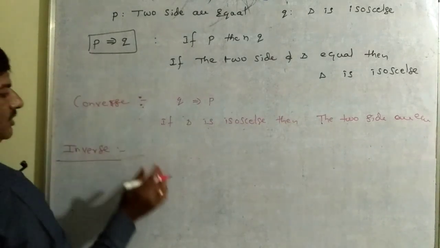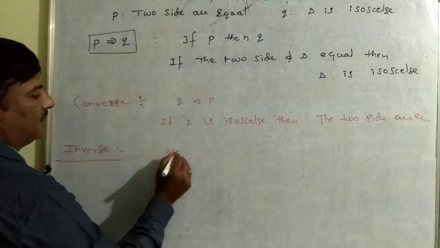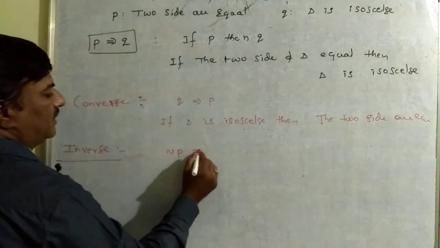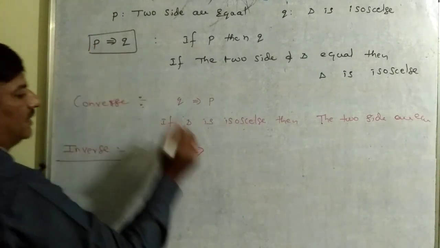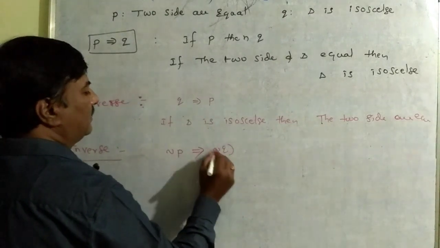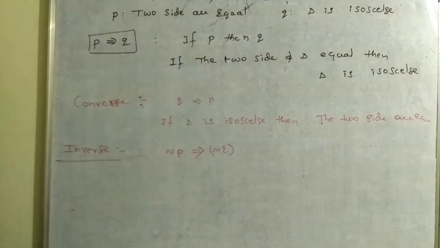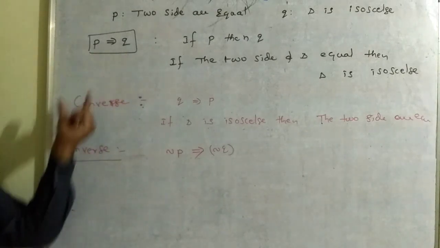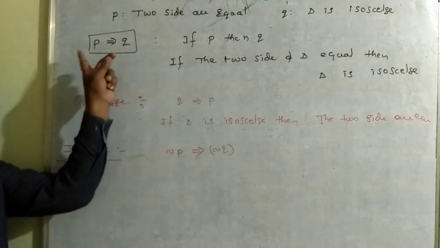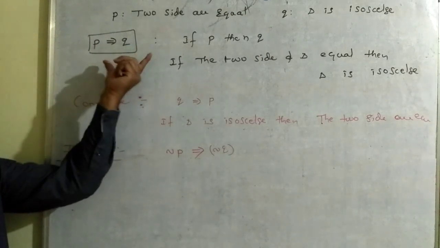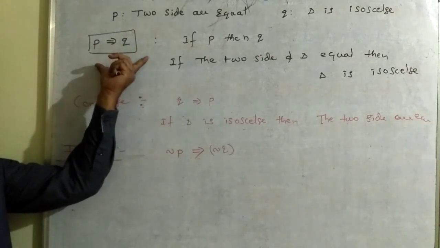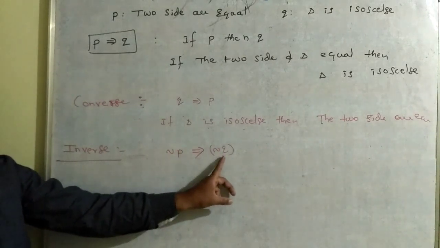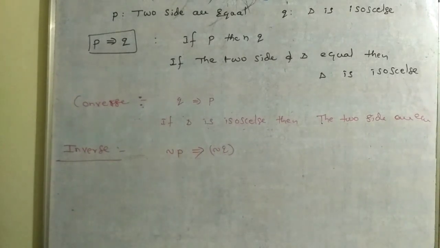Applying inverse is nothing but simply the negation of the first statement implies the negation of the second statement. Don't apply the total negation. One of the students asked, inverse of the statement means apply the negation on both sides. Don't apply the negation on the whole. Here, it is negation of the first statement implies negation of the second statement.